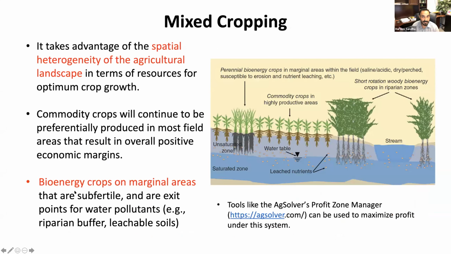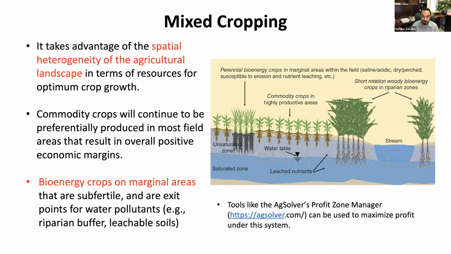So the next one is mixed cropping. In mixed cropping, it's a little bit tricky because it's not simple that we just use that land for the commodity crop and then rotate it with the other crop. In this one, we take advantage of the spatial heterogeneity of the agricultural landscape.